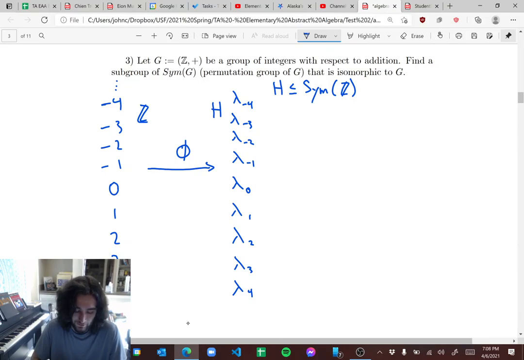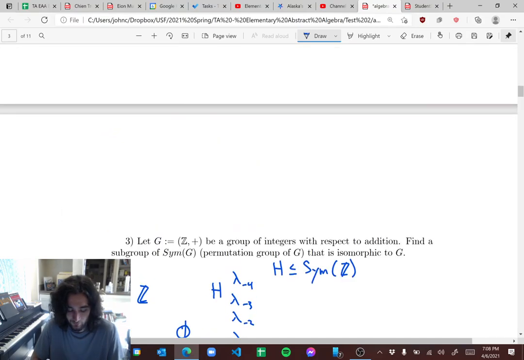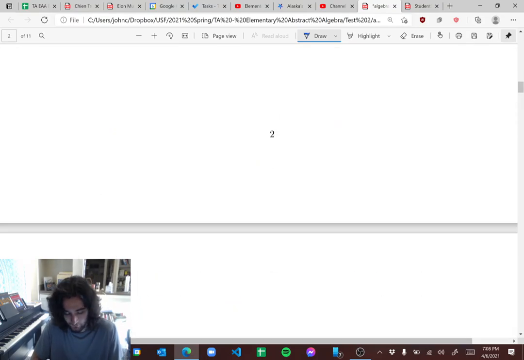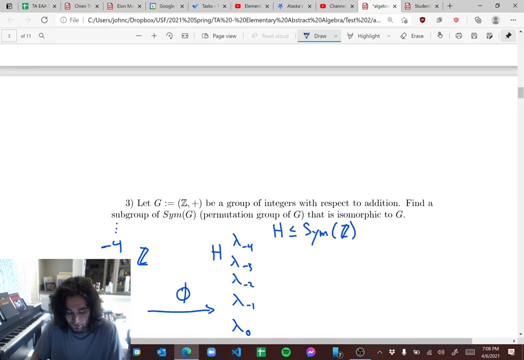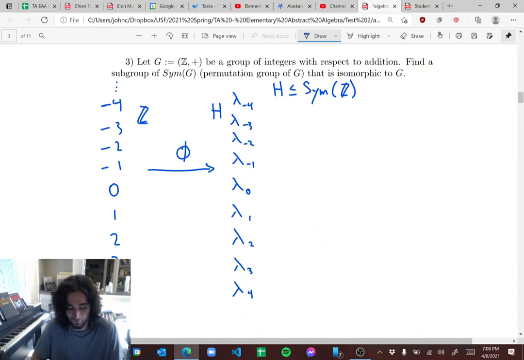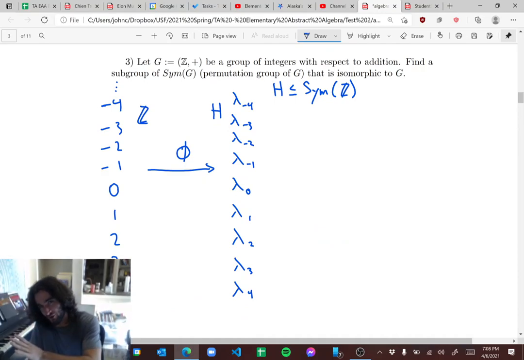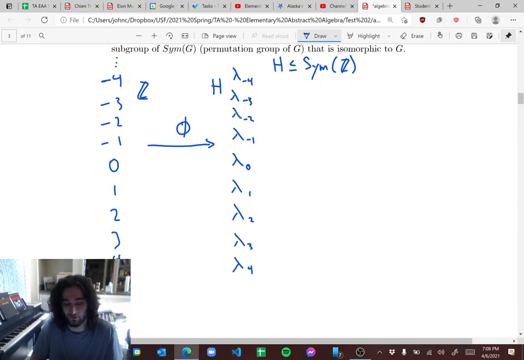Now you don't really have to prove that, because it's basically what you already proved in number 2. I don't have the solution up here, but in number 2, you already proved that this setup, phi going from the elements of G over to the lambda sub g's in Sim G, is always an isomorphism.